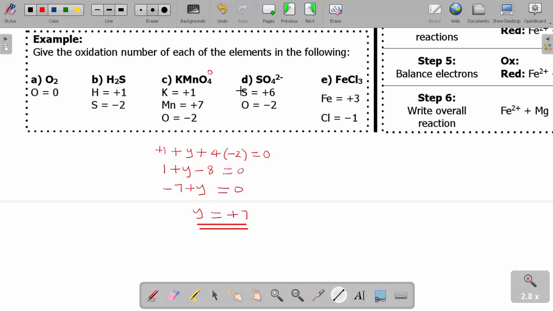If I come to sulfate here, and I want to get the oxidation states in that case. Now with oxygen, because this is not a peroxide, I know it's -2.